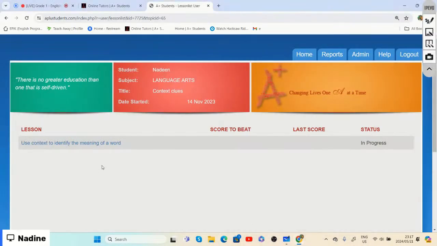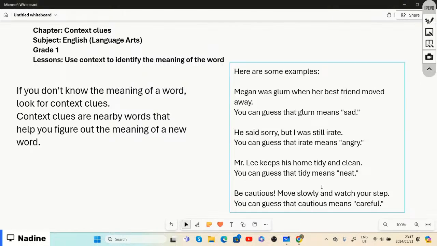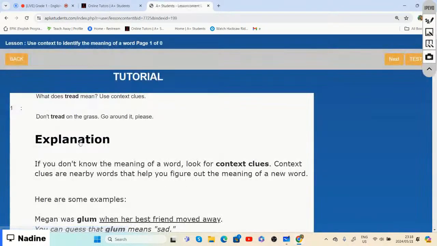So now we're going to, oopsie, aplusstudents.ca. And then we're going to our chapter of context clues. And the lesson is to use context to identify the meaning of a word.